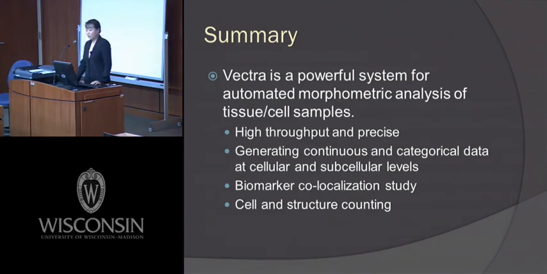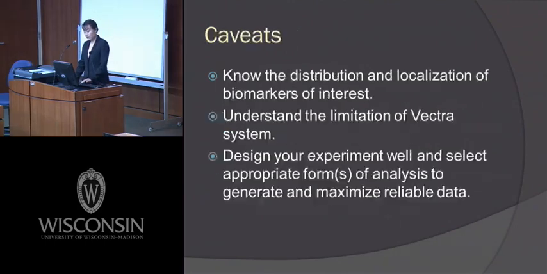So in summary, Vectra is a powerful system for automated morphometric analysis of tissue cell samples. It is high throughput and precise, generating continuous and categorical data at cellular and subcellular levels, and can be used for co-localization study, and it can do cell and structure counting.